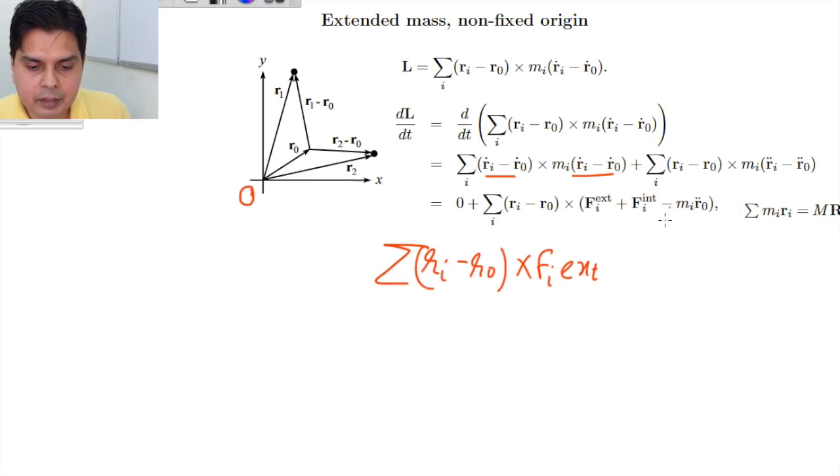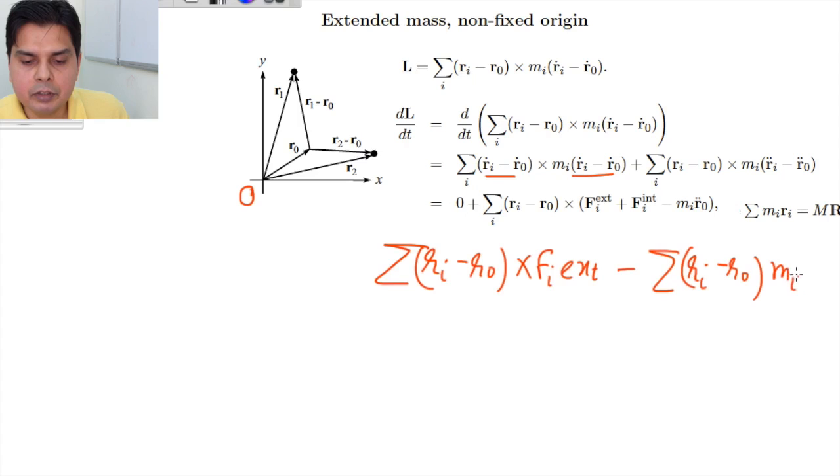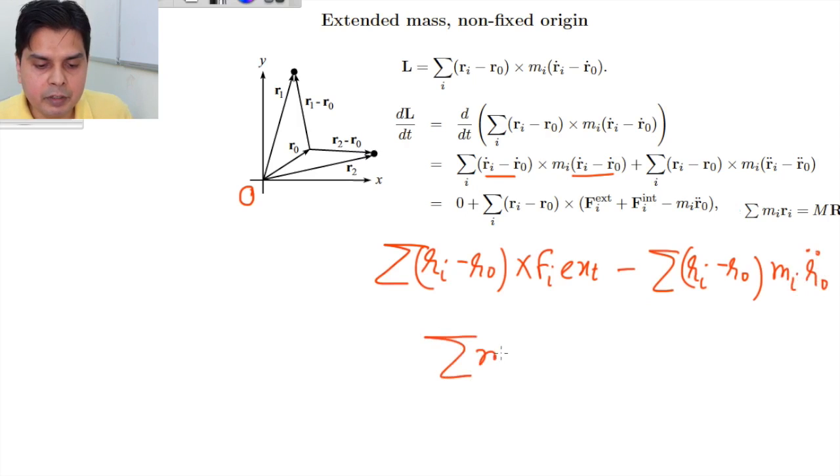Then the next bracket will be minus summation (Ri minus R0) cross Mi R0 double dot. Now you find out what this summation Mi Ri is. This is the definition of center of mass.